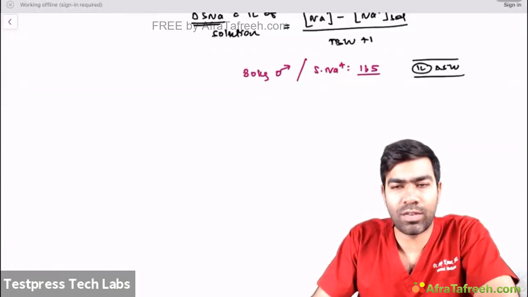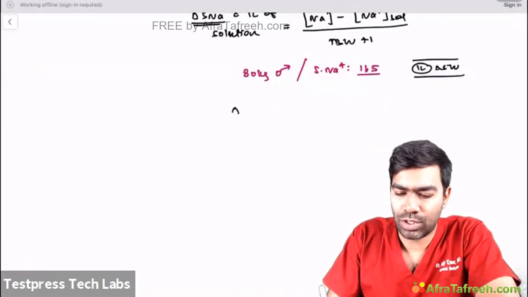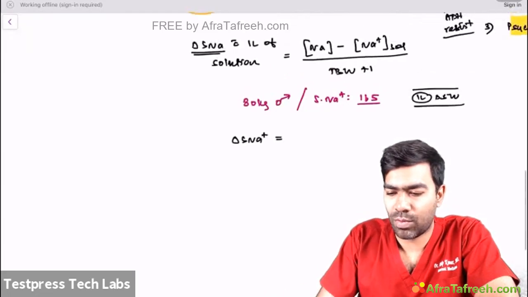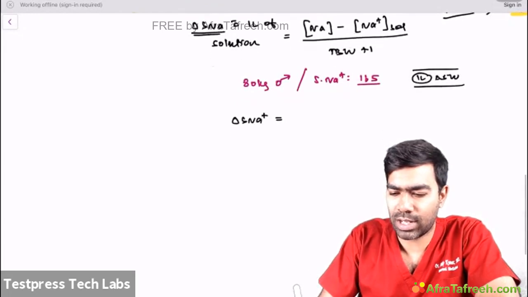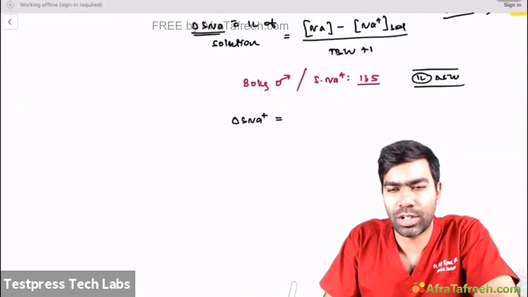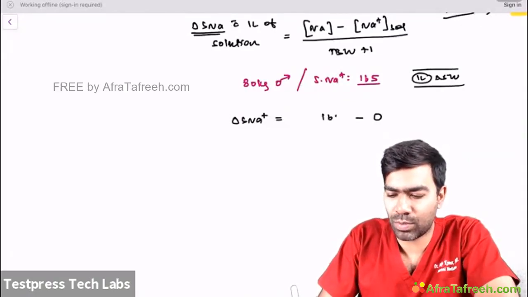If I use 1 liter of dextrose 5 water, what will be the change in the serum sodium? You can work it out in reverse also. What is the sodium in the infusate? It is 0, which means dextrose 5 does not contain any sodium. The actual sodium is 165, divided by total body water plus 1.